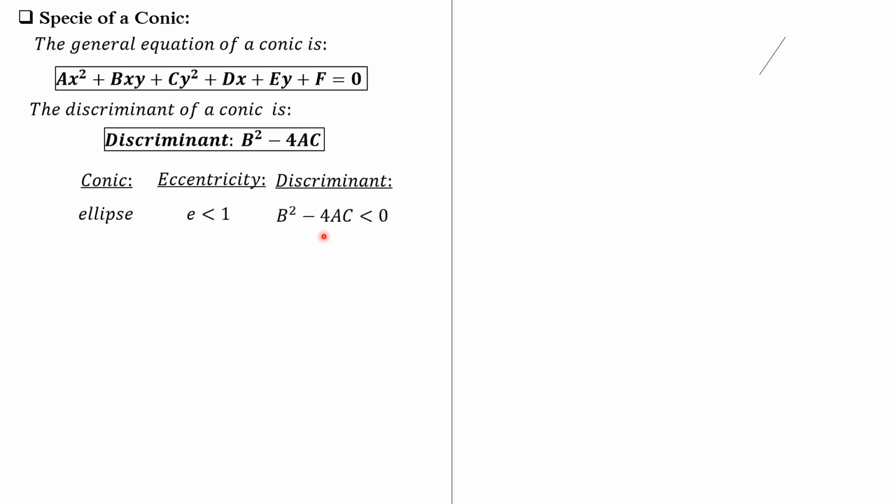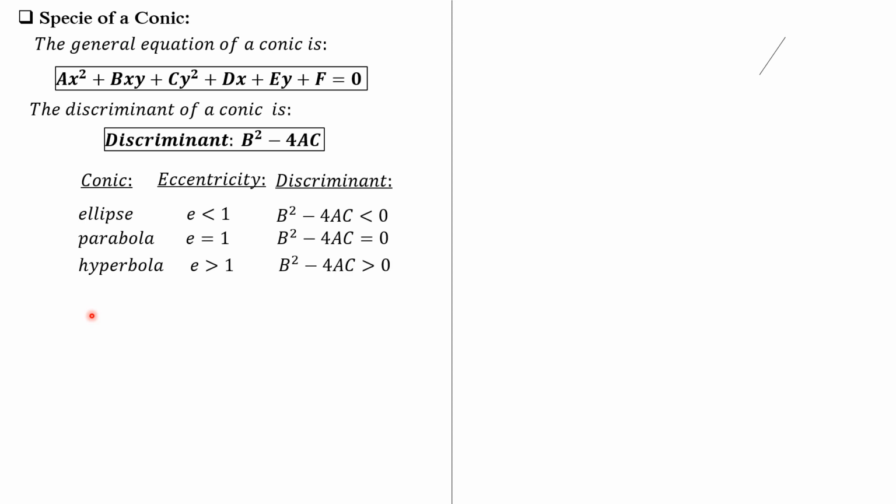So the discriminant of an ellipse is negative. Parabola, the eccentricity is exactly equal to 1, and therefore the discriminant b squared minus 4ac is equal to 0. And finally, for a hyperbola, the eccentricity is greater than 1, and so the discriminant is greater than 0.